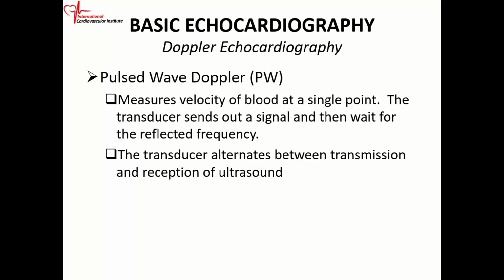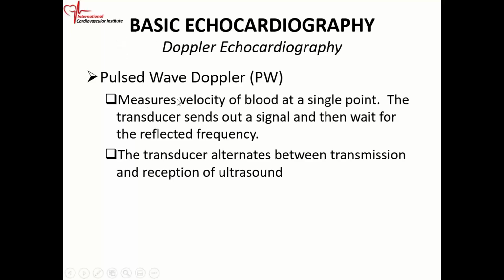We send out an ultrasound beam and then we stop. Then we send out another ultrasound beam and we stop. So we send out an ultrasound beam and then we wait for it to come back. That's what we call pulse wave Doppler.